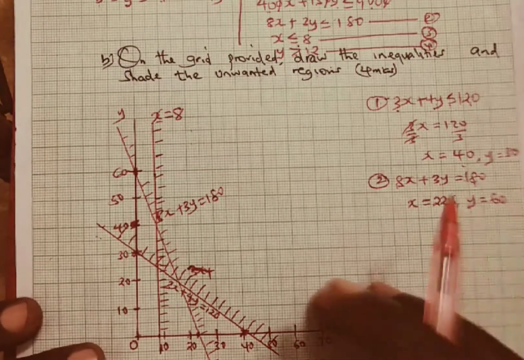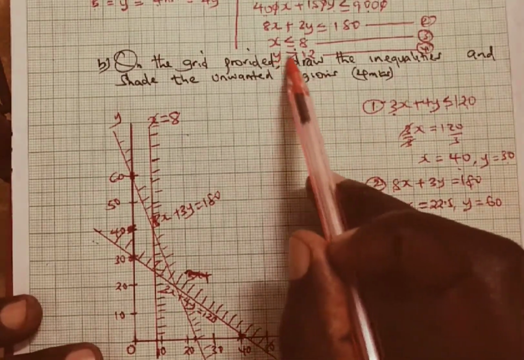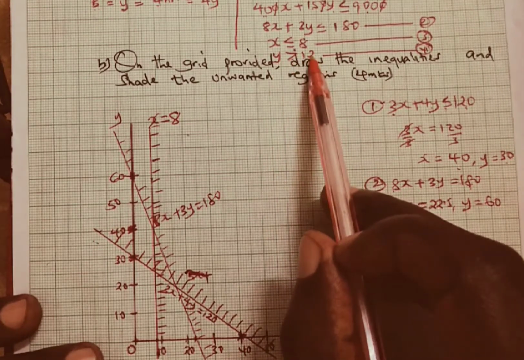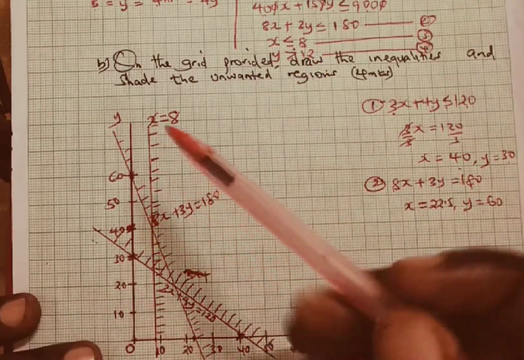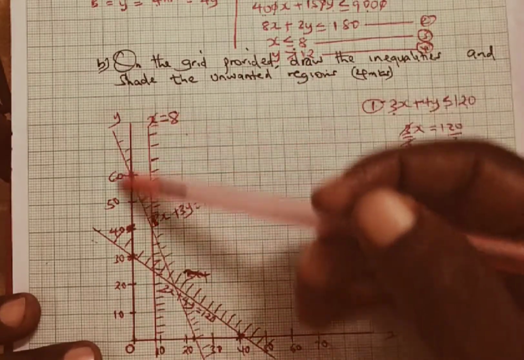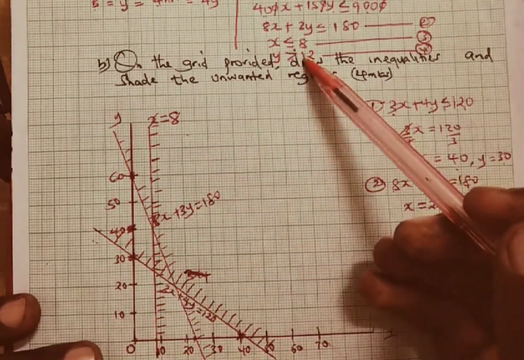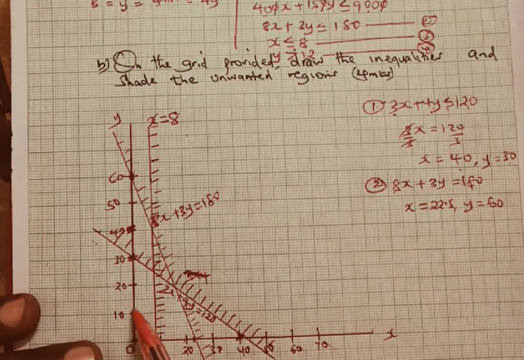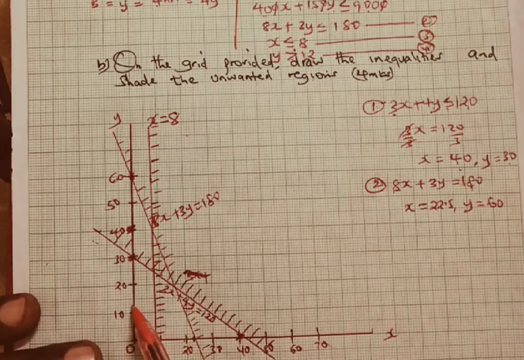Next, we have the last inequality where y is greater than 12. In this case, we are going to move along the y-axis to where we have y is 12. So this is 10, 11, 12. This is where we have our y is equal to 12.